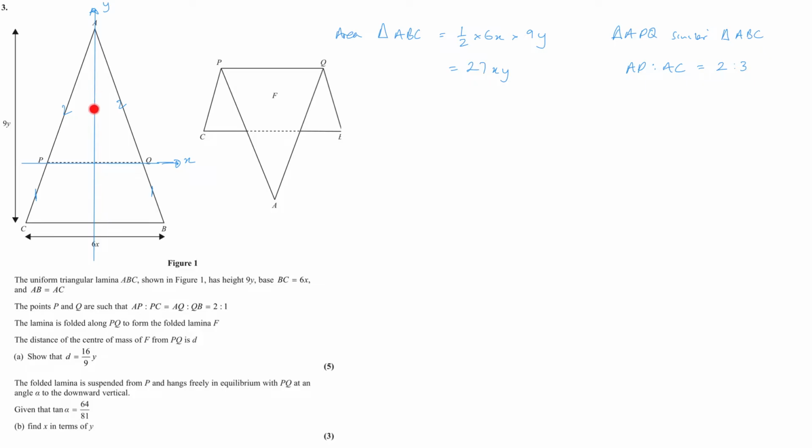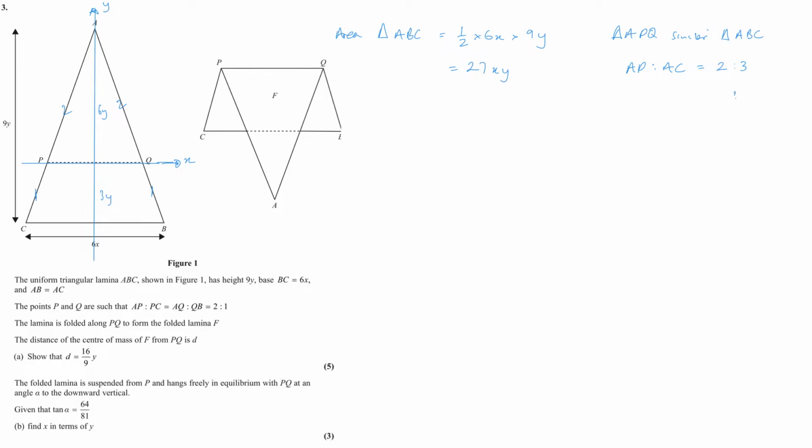This is in the ratio of 2 to 3. So 3 parts is 9y. So 1 part is 3y. So 2 parts is 6y. So this distance here is 6y and 3y in terms of this distance and this distance.